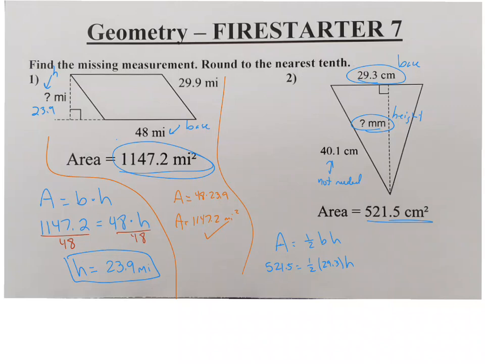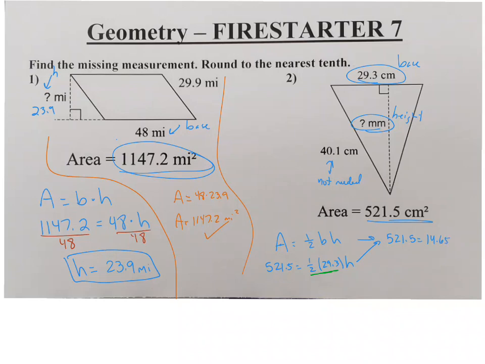Just to make my life a little bit easier, I'm going to multiply these two together. I'm going to do 1/2 of 29.3. I end up with 14.65. So this is going to turn into area, which is 521.5, equals 14.65.